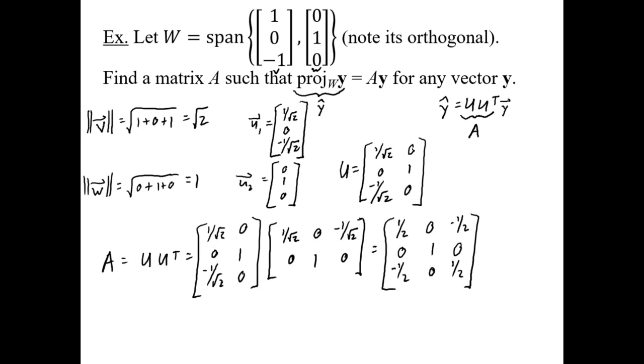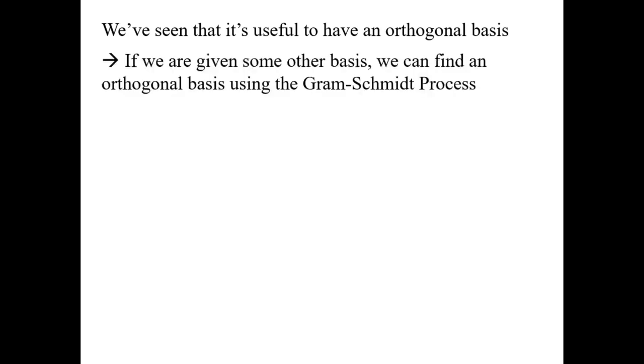Okay, now, as I mentioned earlier, W could have any basis at all, but as we found today, it's really useful to have an orthogonal basis. For whatever reason, having an orthogonal basis is useful.